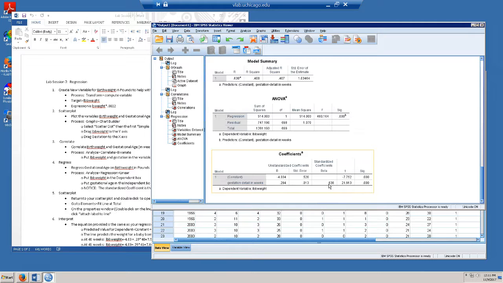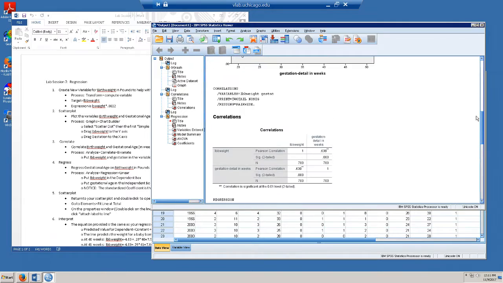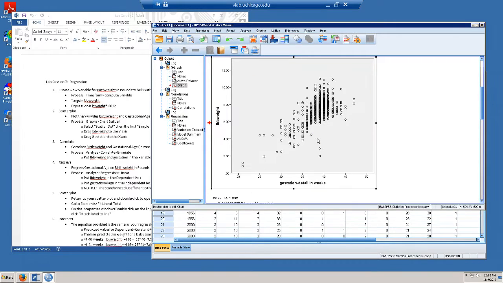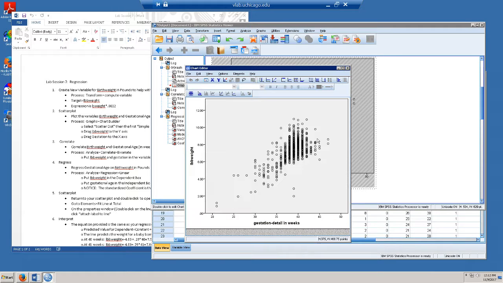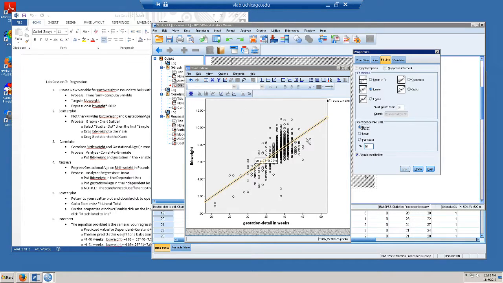So another way that we can get this equation is by going back up to our scatter plot and double click on it to go into the chart editor. And go to Elements and click on Fit Line at Total. And we can here see all the same information that we just got from doing our regression.